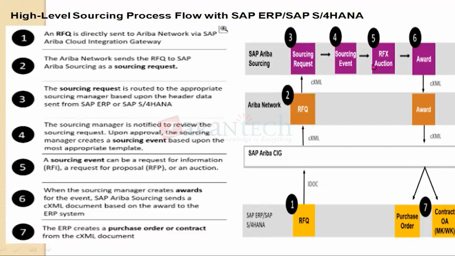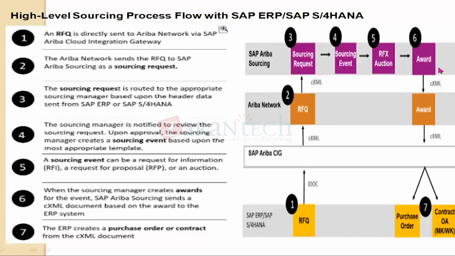When the supplier gets selected, during the awarding activity itself, the business user has to specify what they want to create in the ERP system as the subsequent or follow-on document. They can choose an option like a purchase order or a contract.